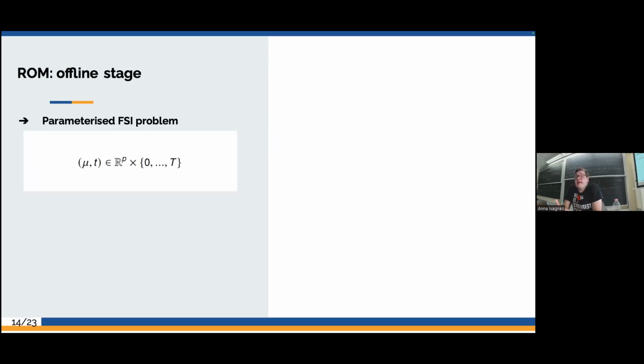The parameter can come either from the internal state of the model itself, or from the boundary conditions, and also in other cases, since we work with the non-stationary problem, time becomes one of the parameters as well.